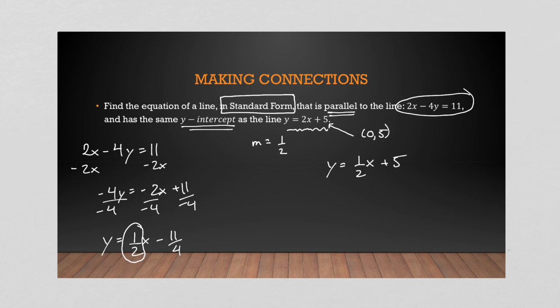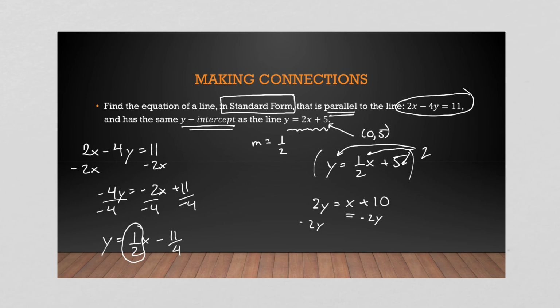But that's slope-intercept form. We need to get to standard form. And rule 1 about standard form, no fractions. So multiply everything by 2. So 2y equals x plus 10. And we want x, y together, and we want x positive. It's already positive here, so why don't I subtract 2y from both sides?